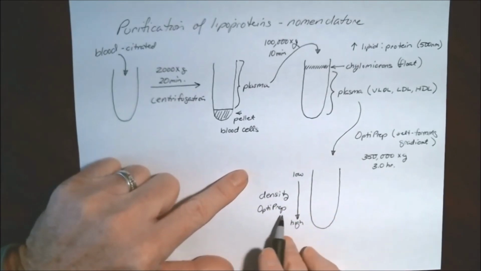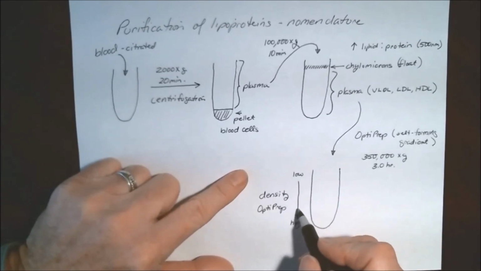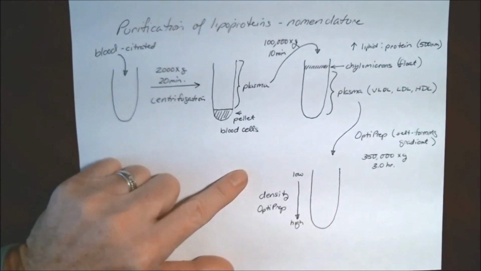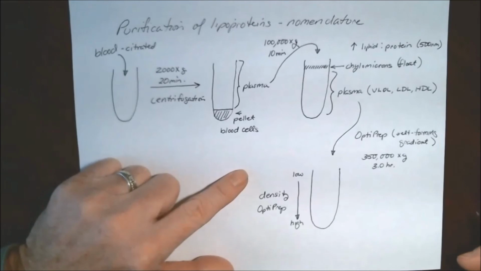So the particles in the OptiPrep under centrifugation pressures, the lower density particles will move to the top, the higher density particles will move to the bottom, and we will have a continuous gradient of densities.